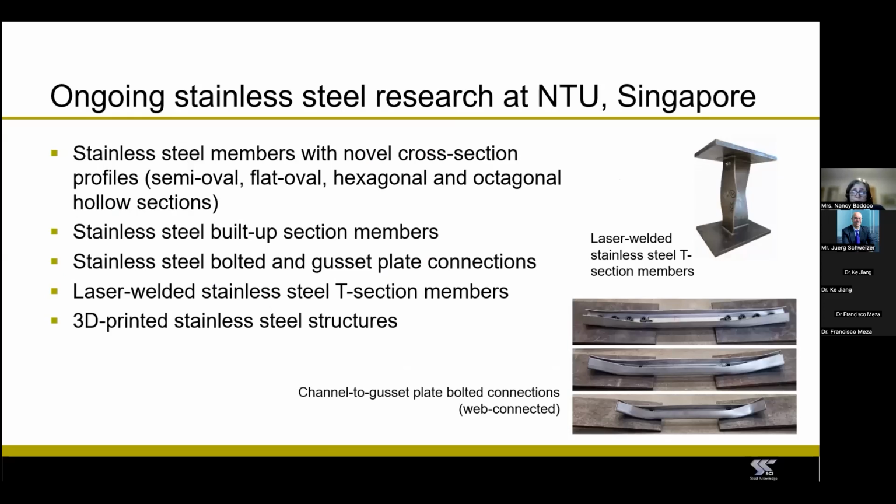They're interesting because you have low residual stresses, so for example higher buckling curves can be used. And also printed stainless steel structures. And this is just one example. There are universities around Europe looking at a number of topics of structural stainless steel.